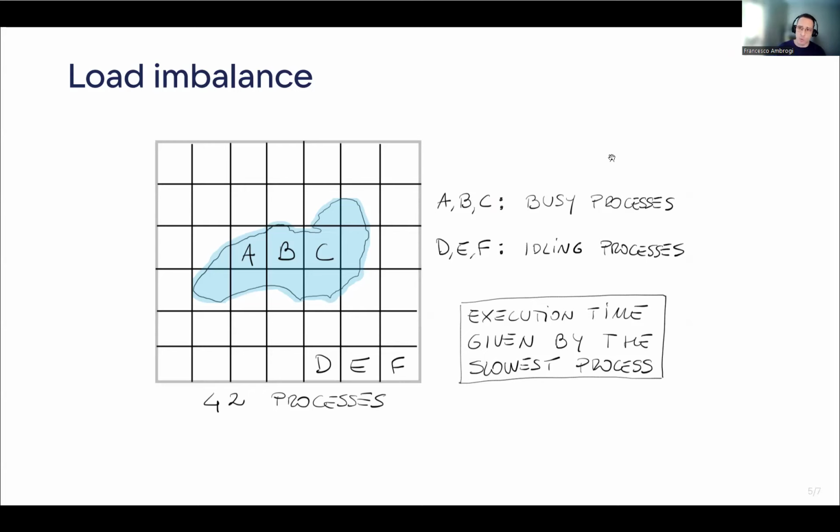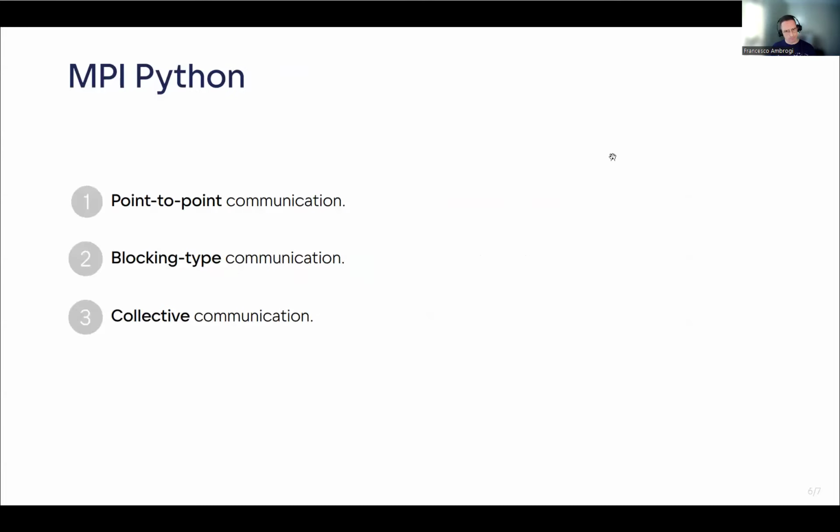This is a scenario where you don't want to work, because remember, the execution time in computing is given by the slowest process. So you're going to run a very inefficient simulation this way. And we will explain in this lecture a few strategies to overcome the load imbalance issue.